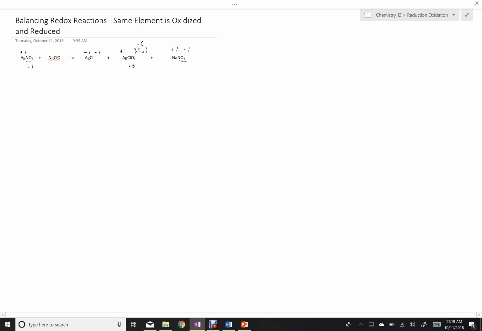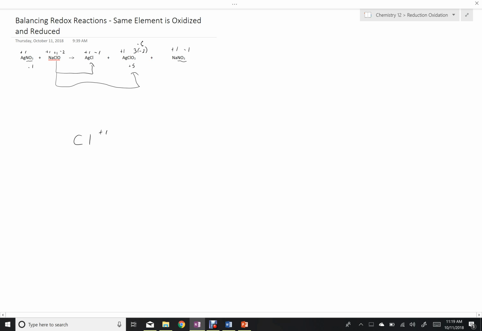Now here, sodium is a +1, oxygen is a -2, so this chlorine is going to be +1 in this specific case. So what's interesting here is that chlorine is going to -1, and the same chlorine is going to +5. So the same element is getting oxidized and reduced in the same reaction.